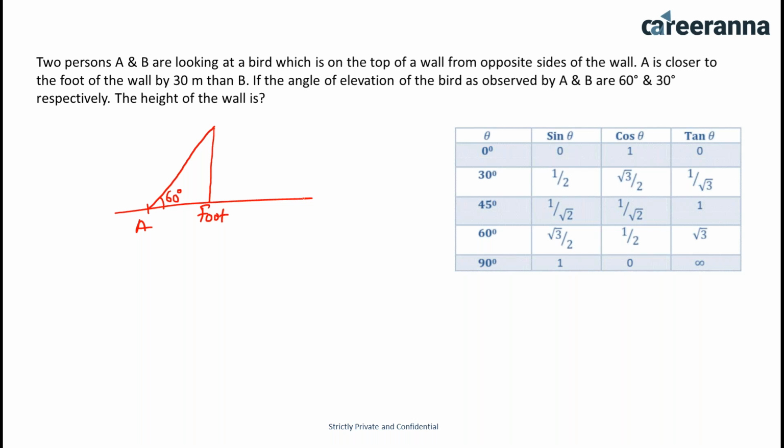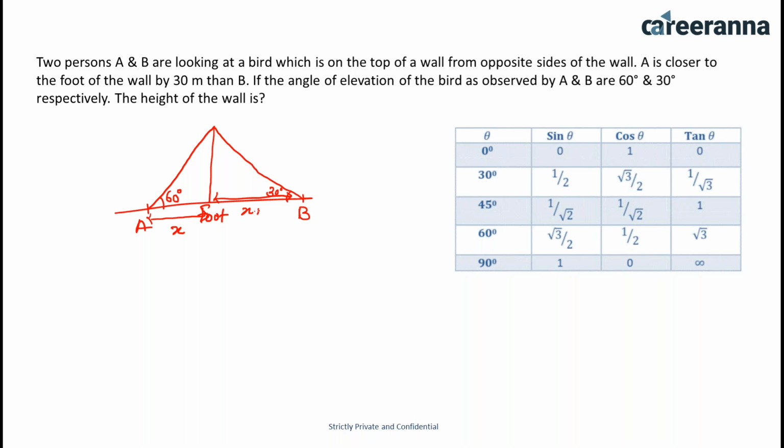The angle of elevation formed by B, as B is farther away, is 30 degrees. So this is the point B. And the question is also saying that A is closer to the foot. Suppose we take this as X, then B is 30 meters farther away as compared to A.